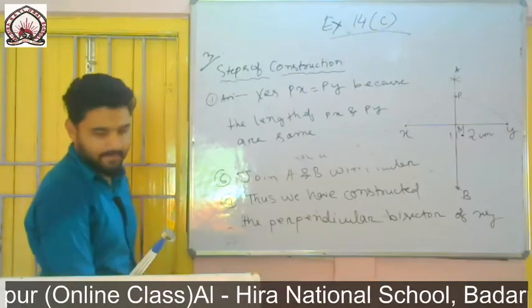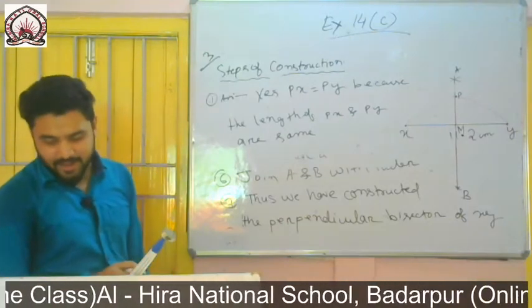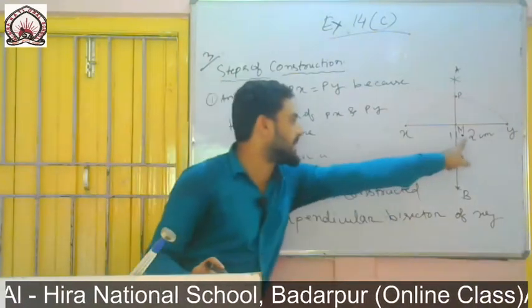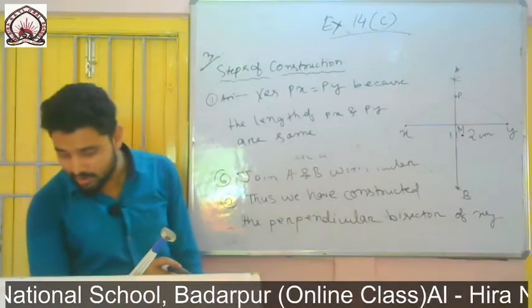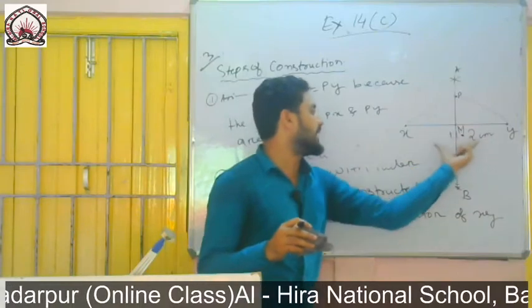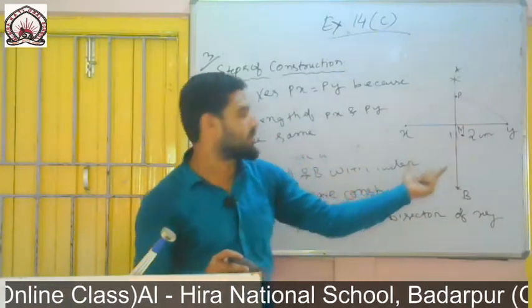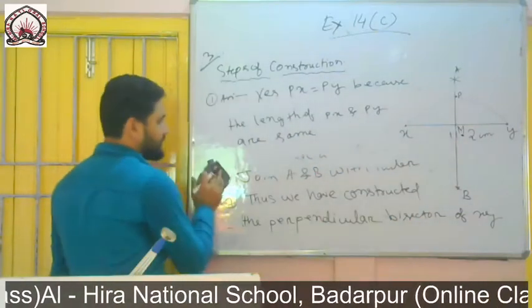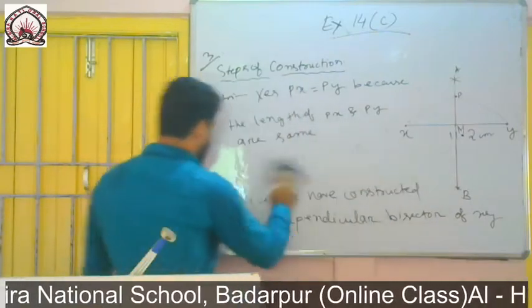Okay, if M is the midpoint of XY, what is the relation between the lengths MX and XY? Obviously MX will be half.